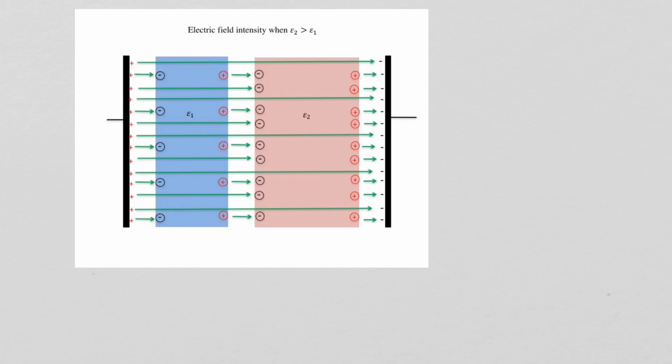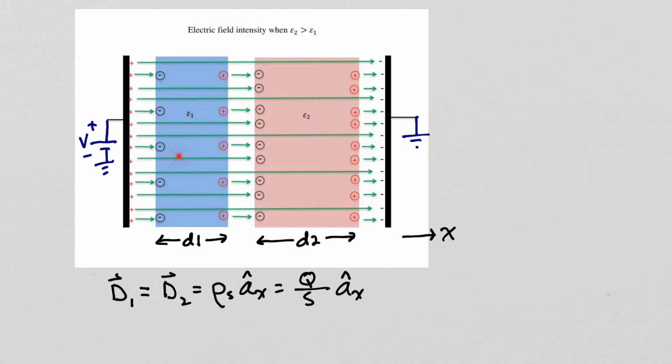The electric flux density fields have to be the same in the two dielectrics because the electric flux density field is beginning on the positive free charge on the left plate and terminating on the negative free charge on the right plate. So that electric flux density field is equal to the charge density on our plate, which is the total charge on our plate divided by the plate area S.